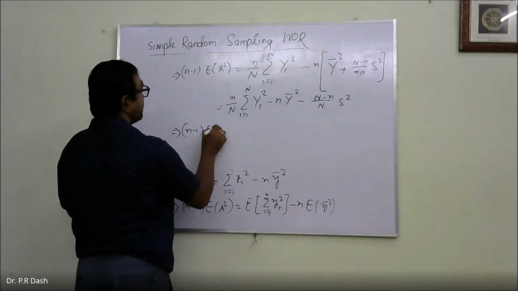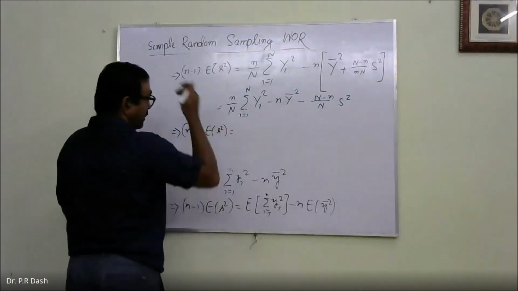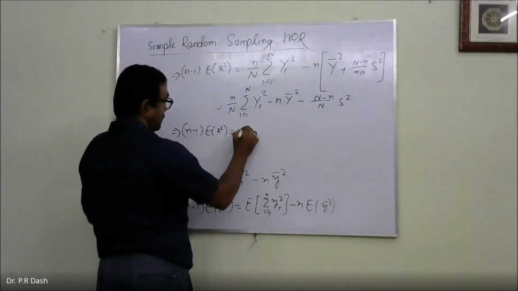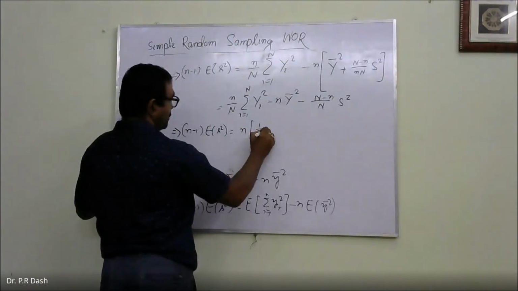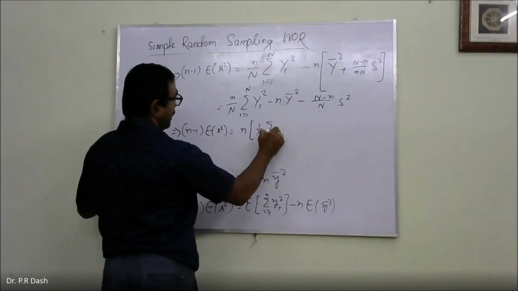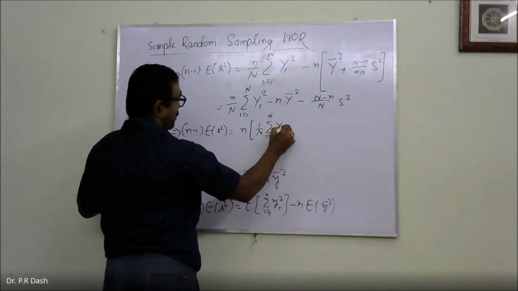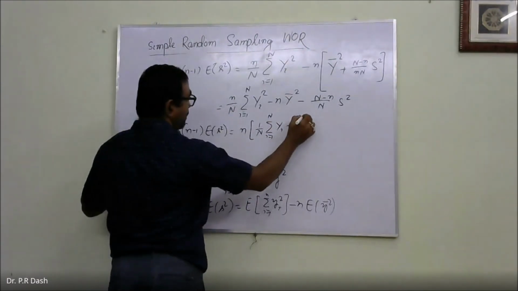N minus 1 expectation of s square, that's equal to, n taking common, 1 by n summation i equal to 1 to n yi minus y bar square.